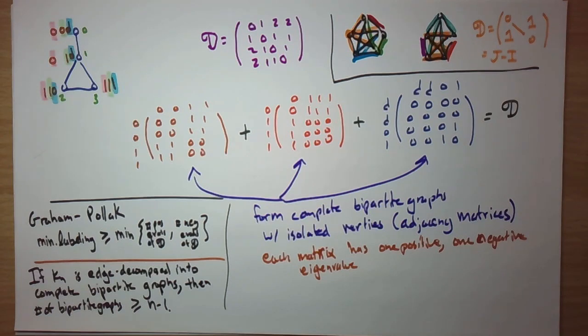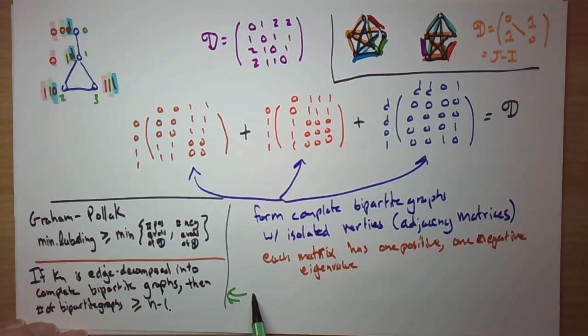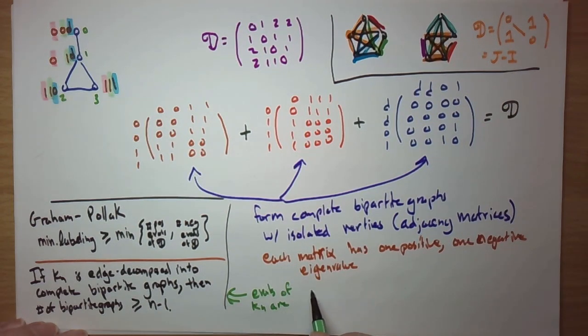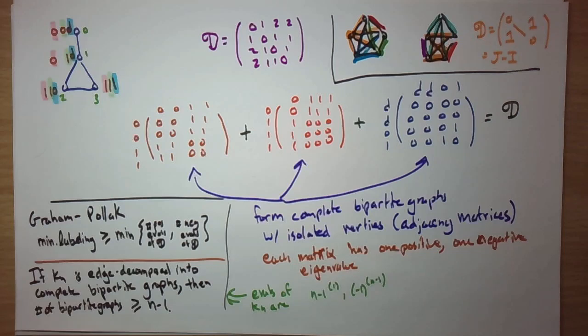Do we know the eigenvalues? What are they? Yeah, so the eigenvalues of Kn are n minus 1, and there's just one of them, and there's negative 1 with multiplicity n minus 1. So now, what's happening here?